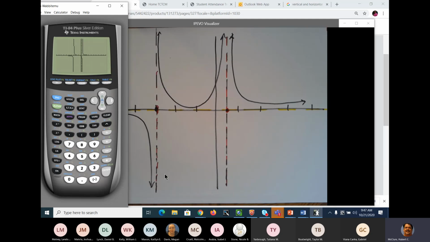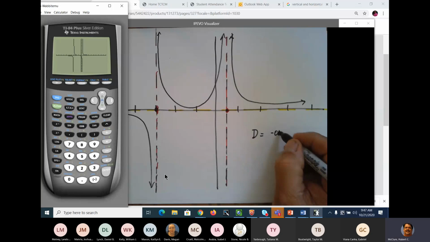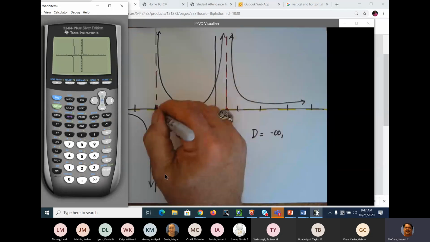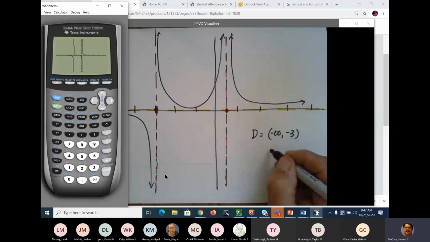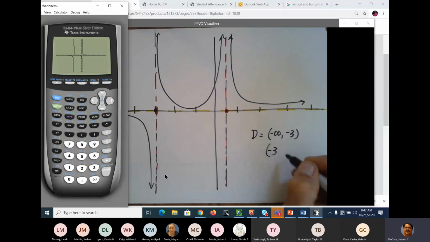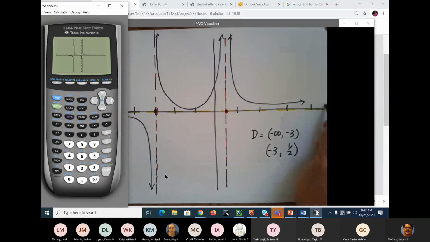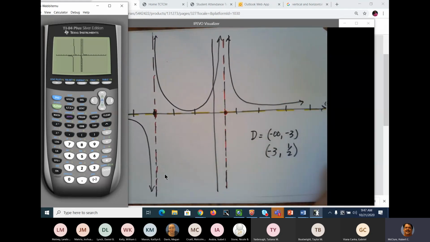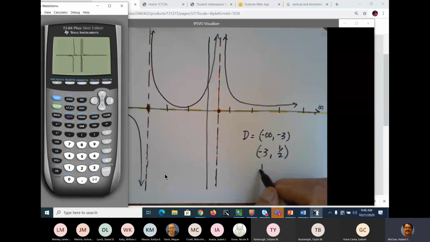Now the domain of this function is negative infinity to negative 3, from negative 3 to 1/2, and from 1/2 to infinity.